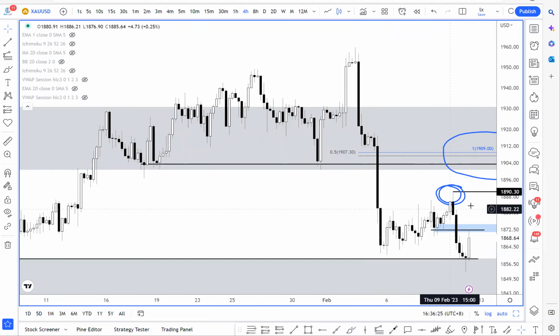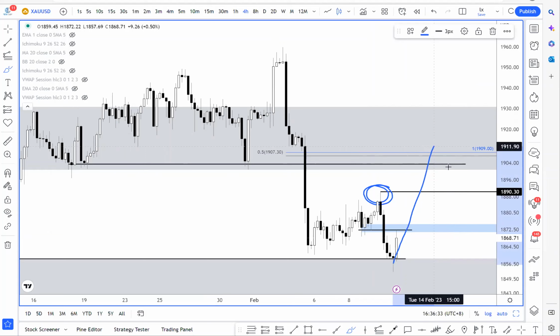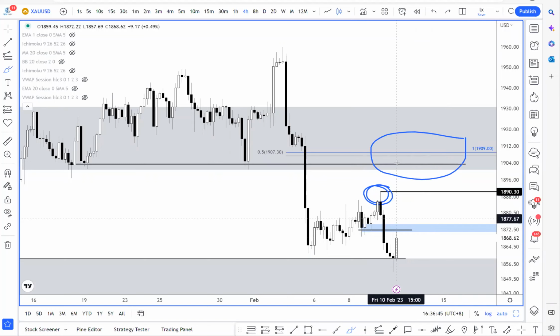So if price pushes higher into this 1900 area over here, what it also suggests is that it broke this high. If we do see a push down again, I wouldn't advise taking immediate positions over here. If we see a strong movement up to push into this resistance area, this zone, you'll see that there'll be higher highs and higher lows forming.